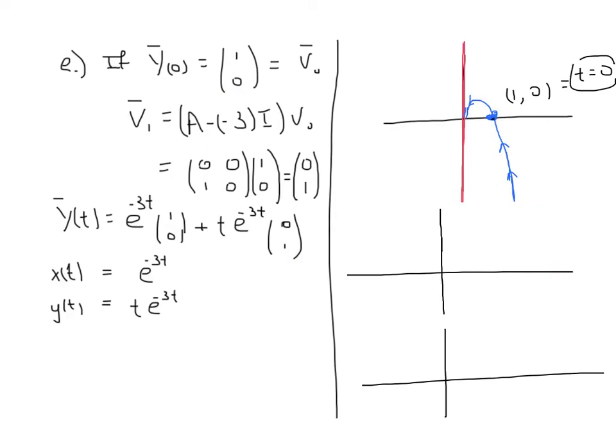So here I am, I'm going to draw x of t. At t equal to 0, my x value is here. And as t moves forward, it moves towards the origin. We'll never pass it because the origin is a sink in this case, and it attracts all points to it.